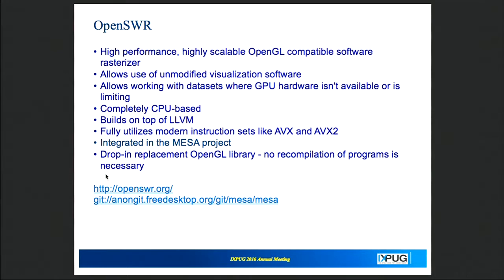Since VL3 was originally based on OpenGL, one of the possibilities for porting it to the KNL was to use a solution available from Intel called OpenSWR. It's essentially a replacement for OpenGL. You just build it, and it generates a library that you replace directly using your LD_LIBRARY_PATH environment variable. And it works.